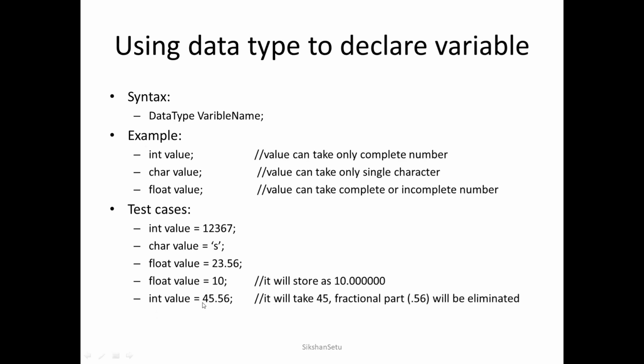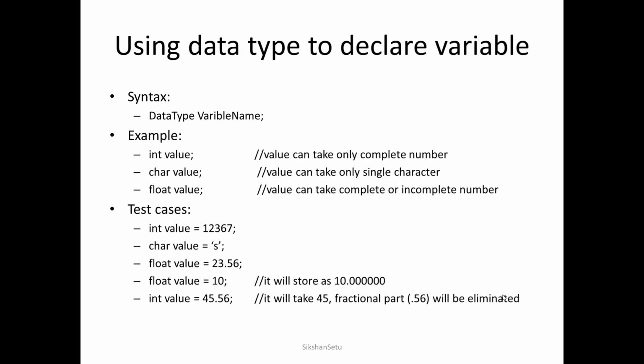Only 45 will be assigned to value, and the fractional part 0.56 will be eliminated. So here we lose the fractional part, and the complete portion, which is 45, will be stored in the value variable. So this is how a data type gives meaning to the variable.